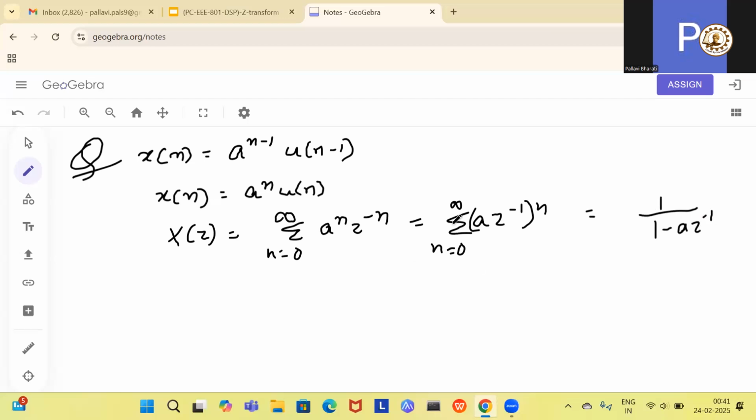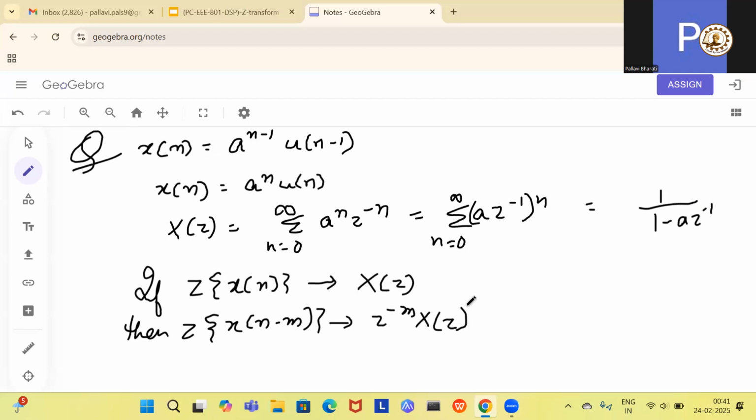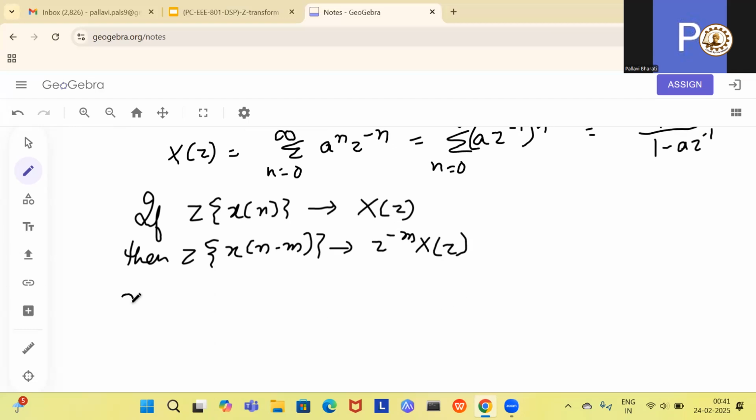Now, the property says that if the Z transform of x(n) is X(z), then the Z transform of x(n minus m) should be z to the power minus m X(z). Now let us identify all these things. So x(n) is what for us? x(n) is a to the power n u(n).